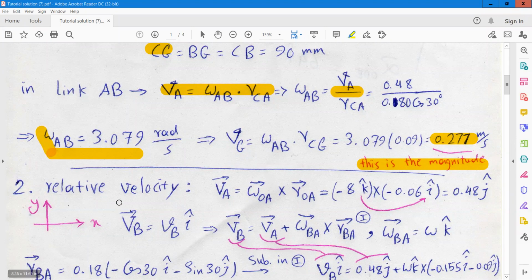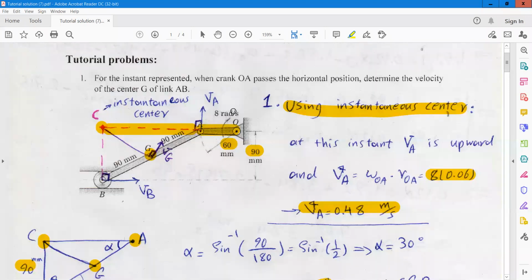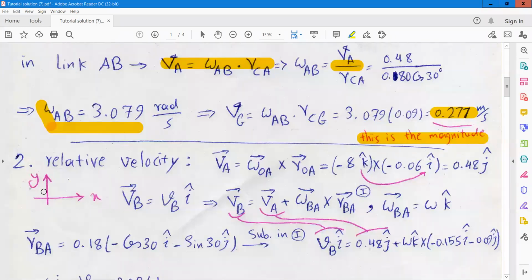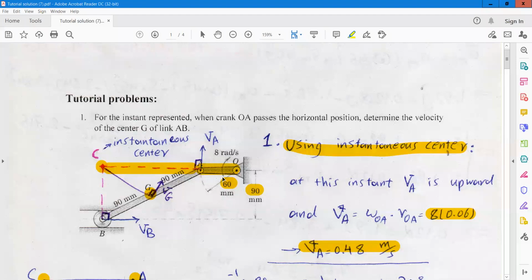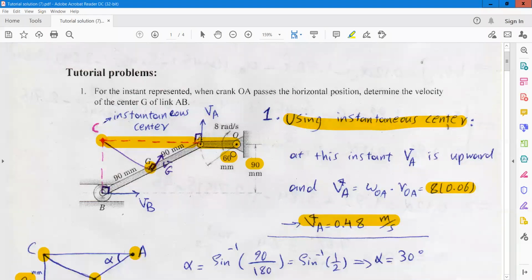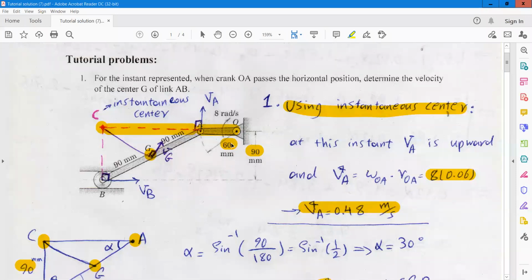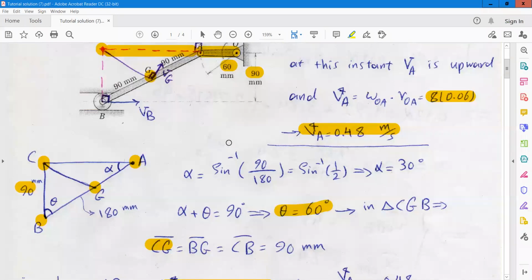Using this coordinate system x and y, if you want to write this 8 radian per second angular velocity in vector form, it will be minus 8k, because the direction is in z direction and it will be in the negative direction of z axis.